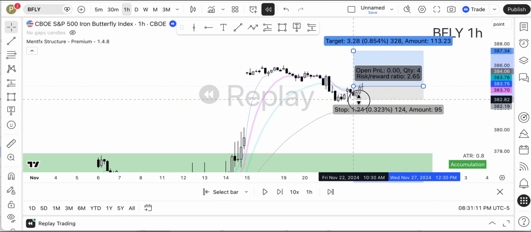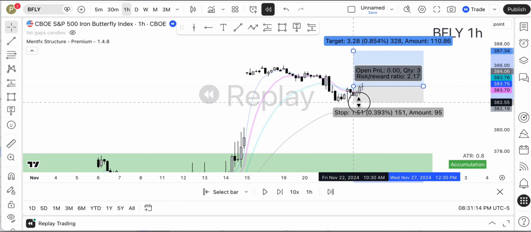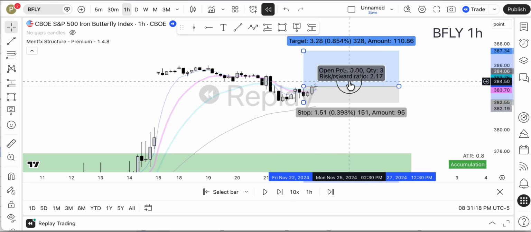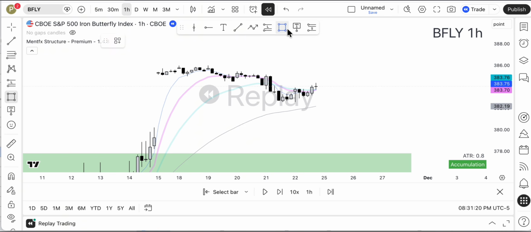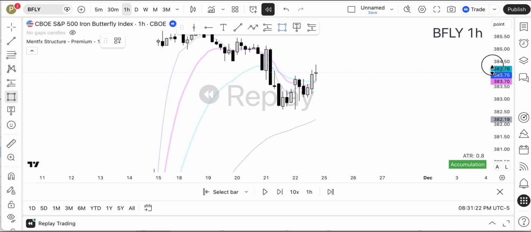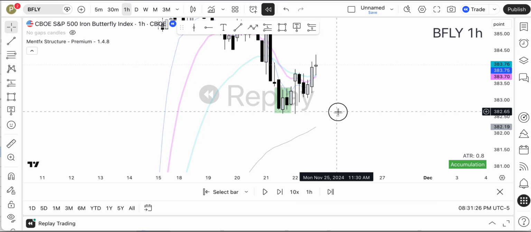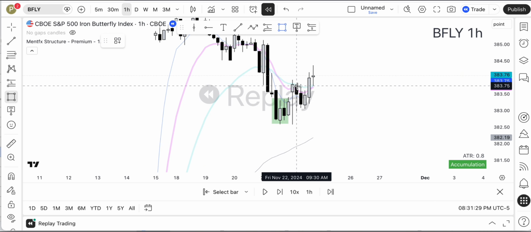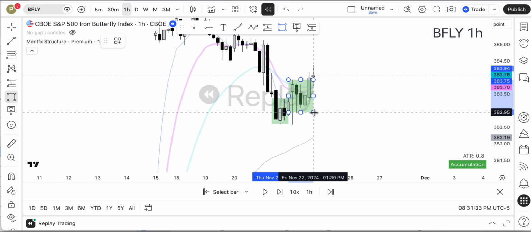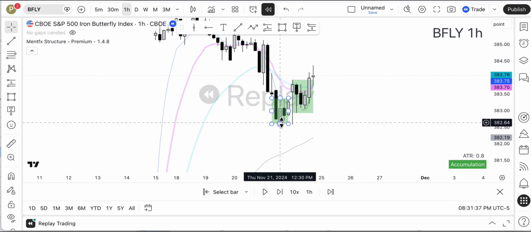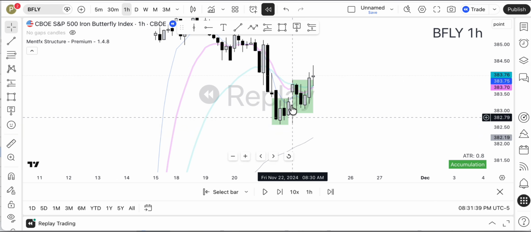It tapped in. Hang on, sorry, I was moving kind of fast. I'm going to say this is the double MB, and I am going to just disregard that tiny little wick that's going below.